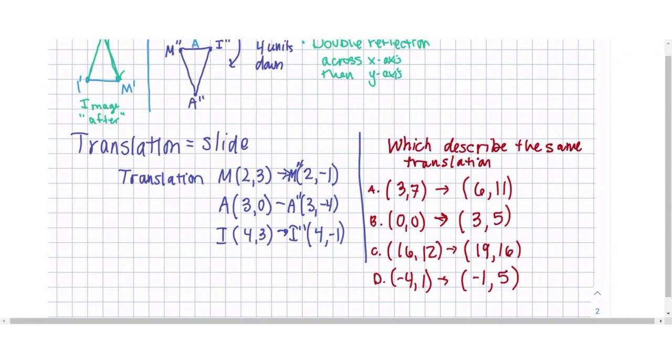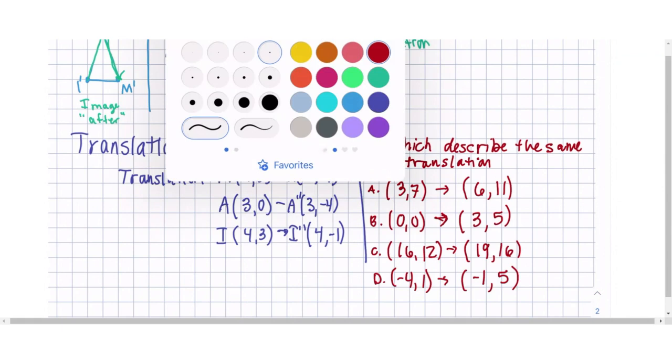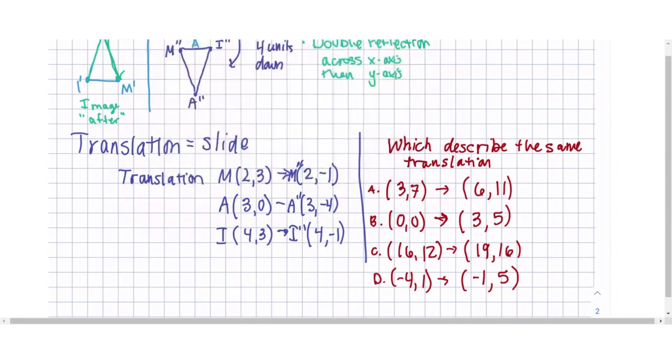All but B. Okay, let's check what that translation was. If I went from 3 to 6, we added 3, right? From 7 to 11, you add 4. So the translation for this one would be add 3, add 4.